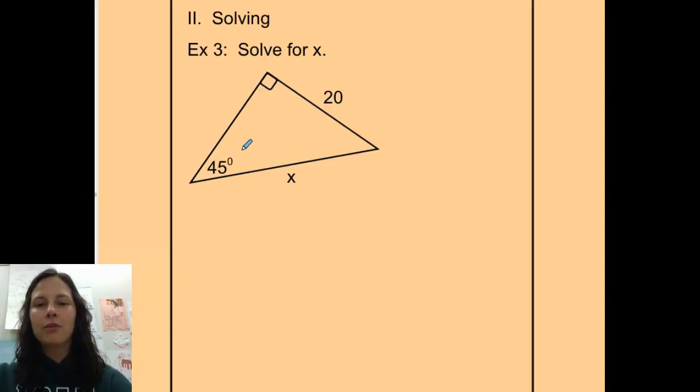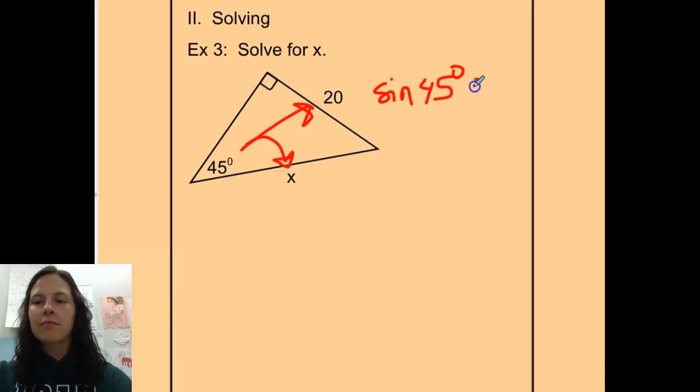Some more SOHCAHTOA review. We're missing x, we know opposite, and we're looking for the hypotenuse. So we will use sine of 45 degrees equals opposite over hypotenuse. When your variable is in the denominator, you want to multiply both sides by that variable.